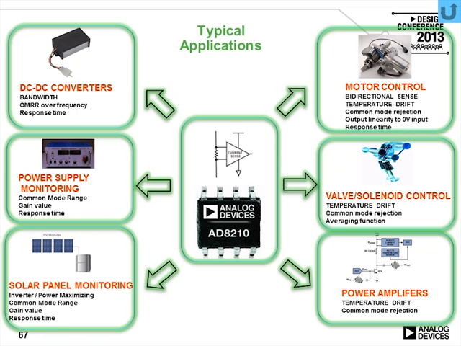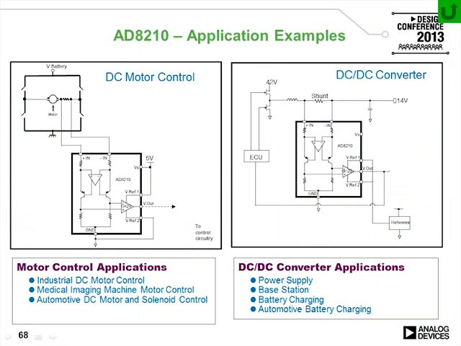Their typical applications are DC to DC converters, power supply monitoring, solar panel monitoring, motor control, valve and solenoid control, as well as power amplifiers. The AD8210 is a current sense amplifier, and it's shown in this slide performing two functions: DC motor control and DC to DC conversion.